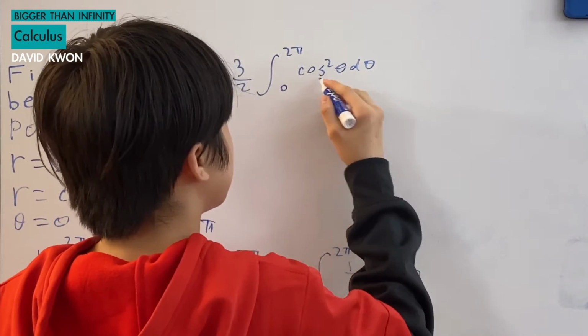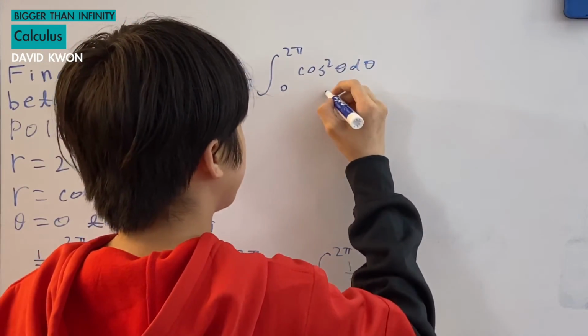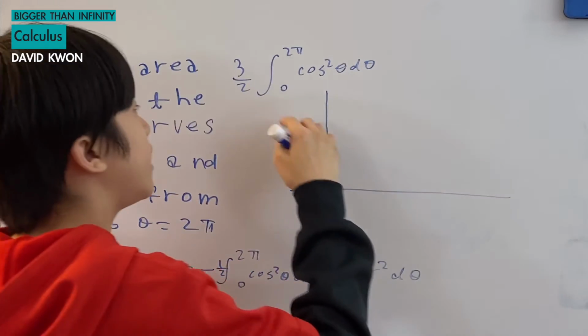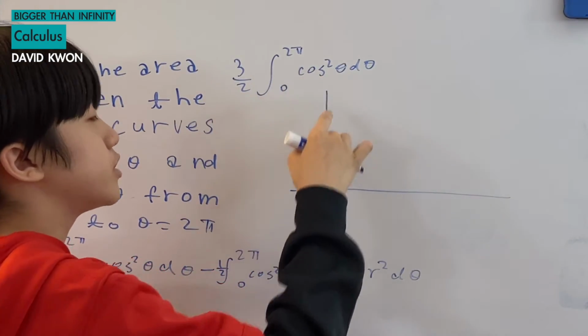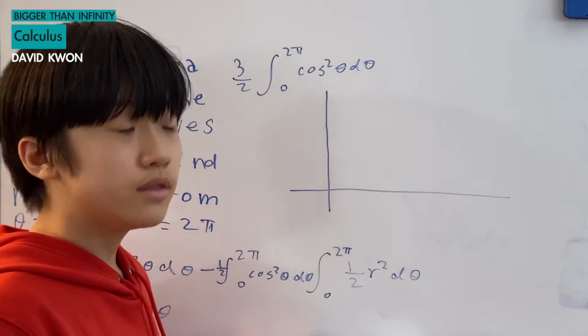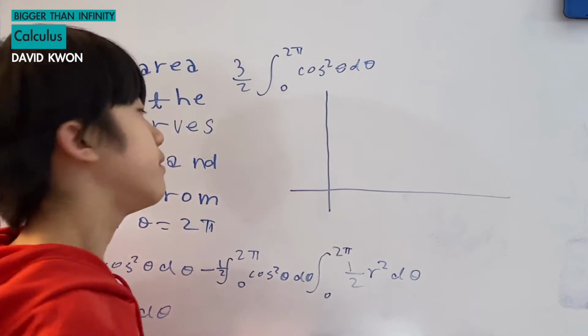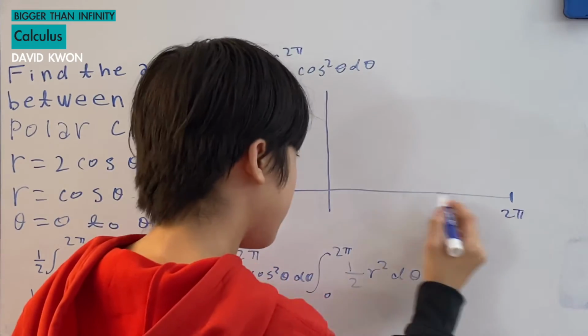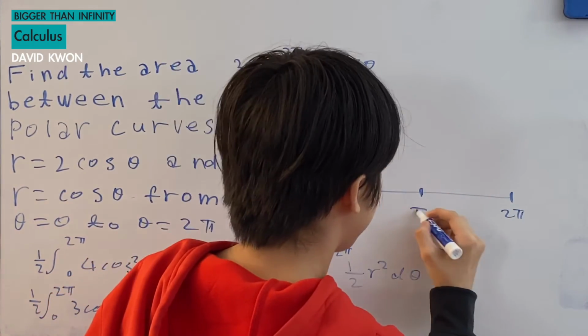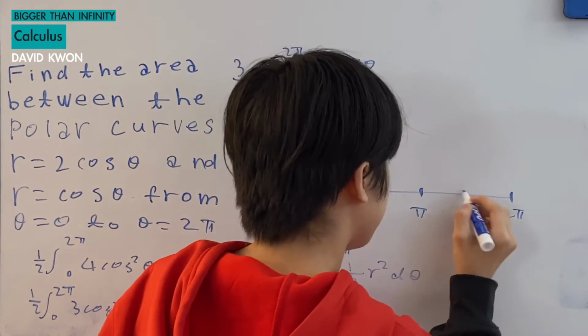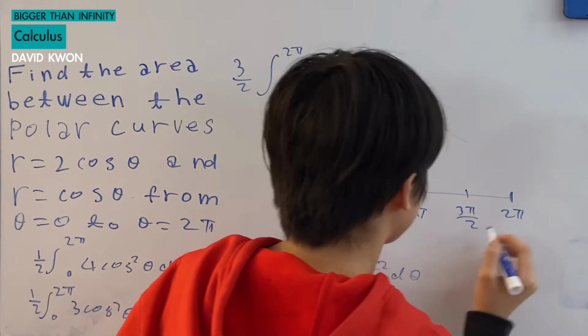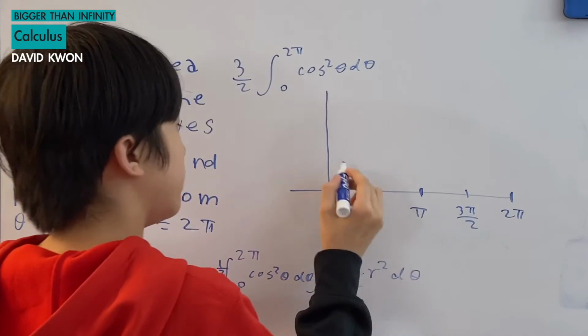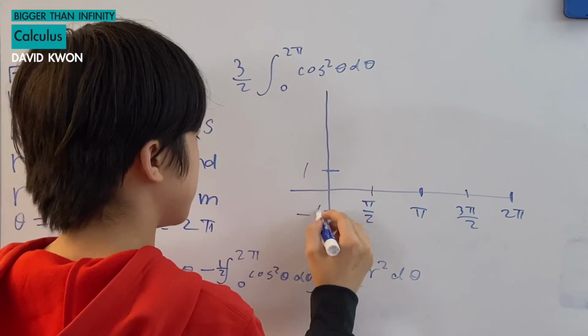So let's graph cosine squared theta. I'm not going to integrate this, just draw a simple graph, and next time you won't even have to do it. So this is 2 pi, then this is pi over 2, and this is 3 pi over 2. And this is 1, this is minus 1.